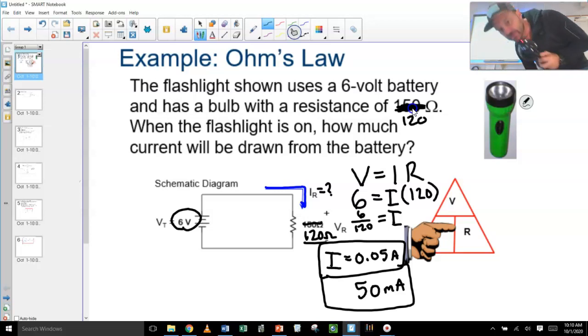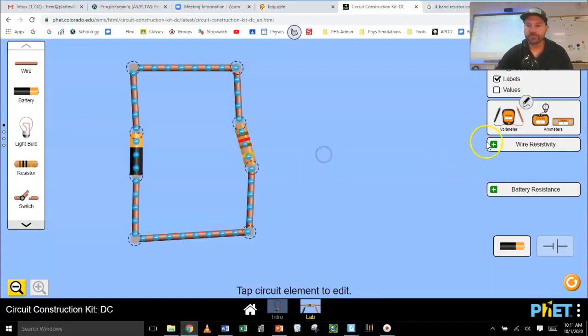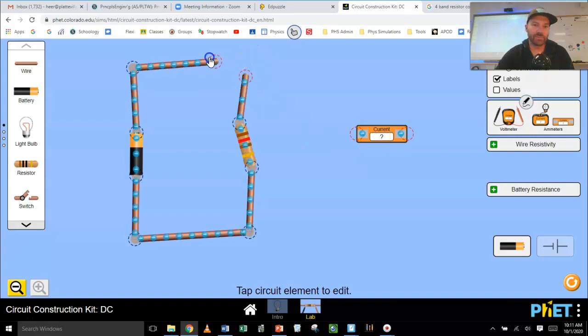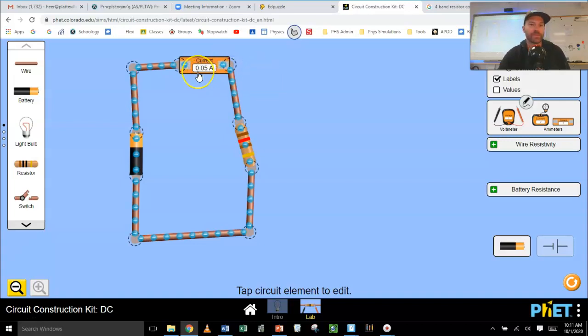And let's check it out. Let's go over to our little simulator and see if that's actually what we get. I'm going to take my ammeter, and remember, to measure the current, we have to break the circuit. So I'm going to break the circuit, put my meter in here, and there you go, 0.05 amps. What do you know? The math works.